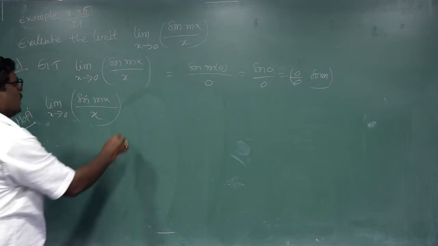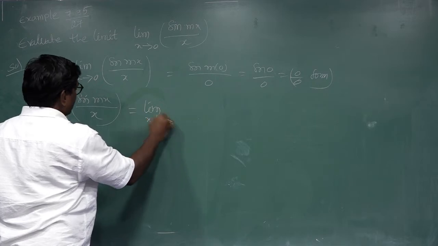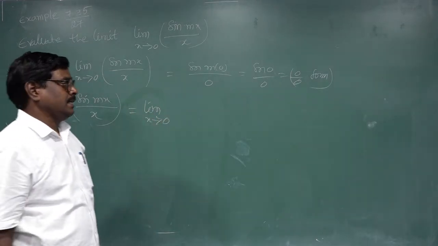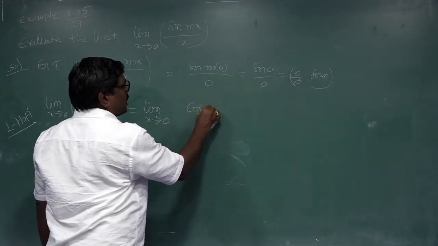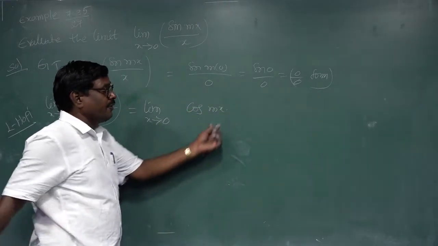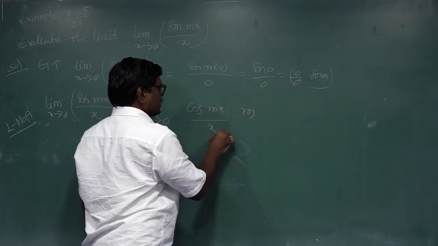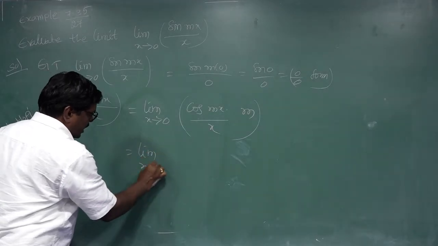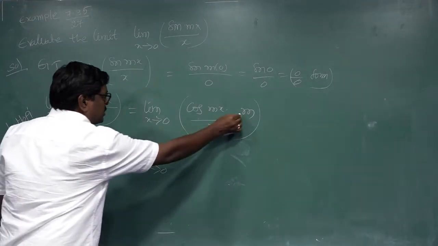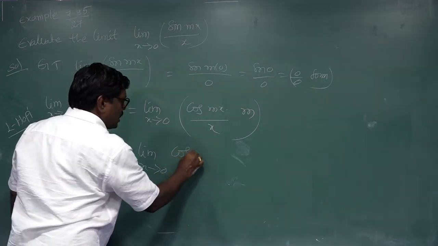By the L'Hospital rule, the limit as x tends to 0: the derivative of sin mx is cos mx, and the inner derivative of mx is m, over the derivative of x, which is 1. The constant m comes outside: m into the limit of cos mx.